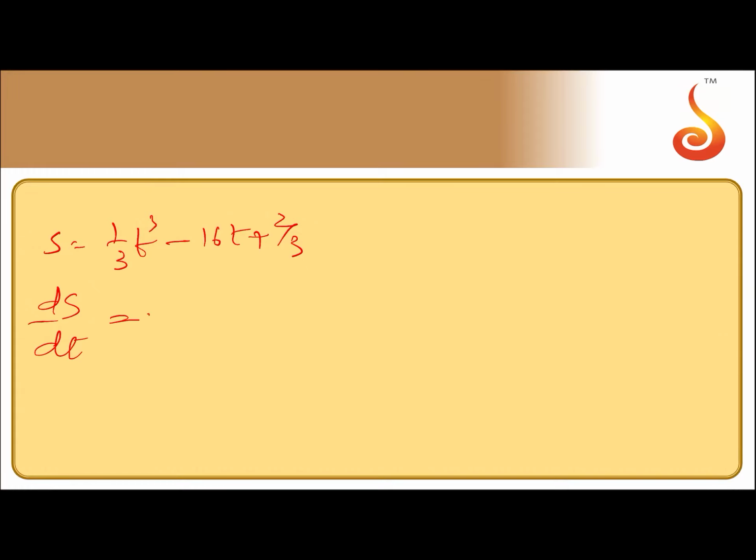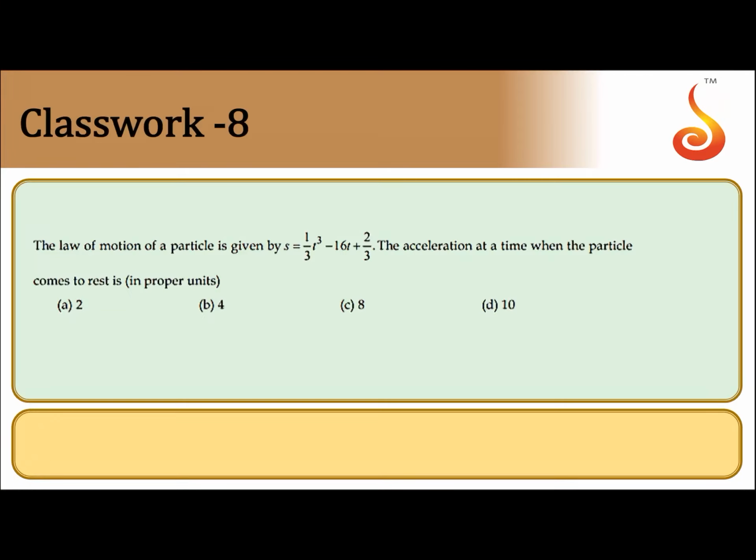So ds by dt, velocity, equals 0. That implies t square minus 16 equals 0. So t must be equal to 4. At time t equals 4, the particle comes to rest.